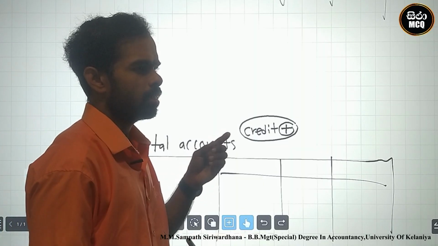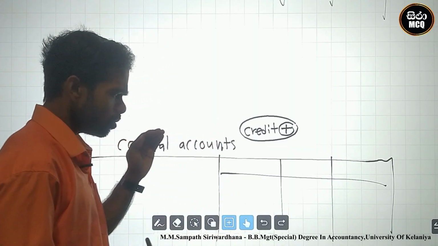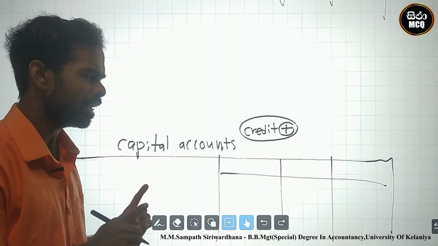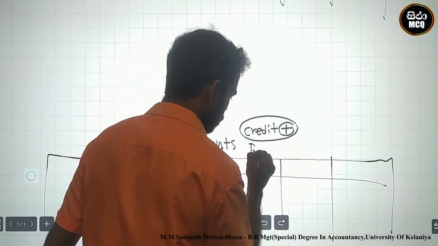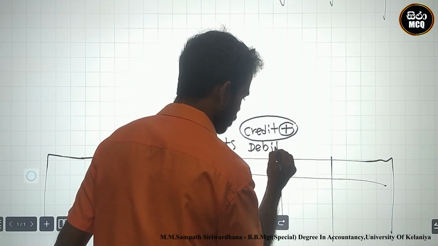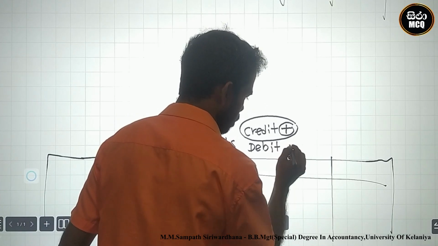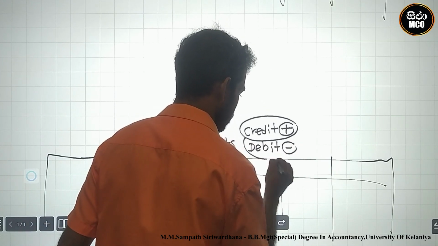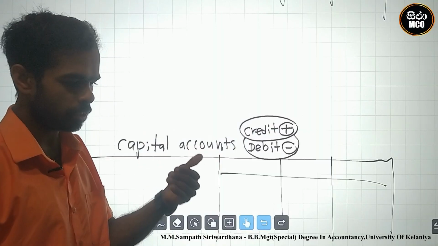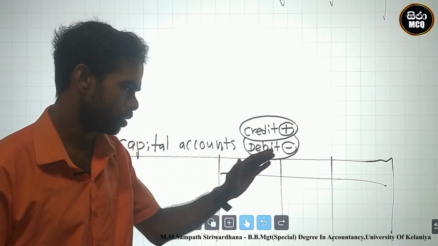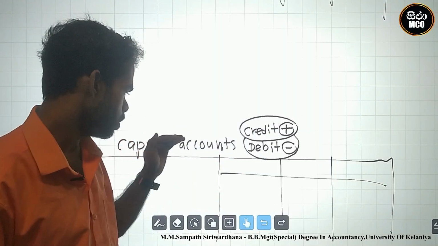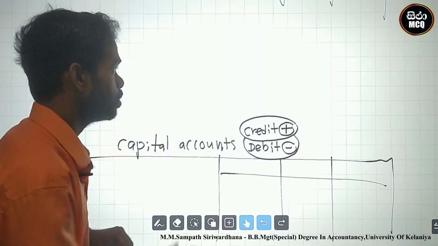After that, debit sides impacting the capital accounts I deduct, so all debit sides I minus. This is the requirement: all credit sides I increase, and all debit sides to the capital account I decrease.